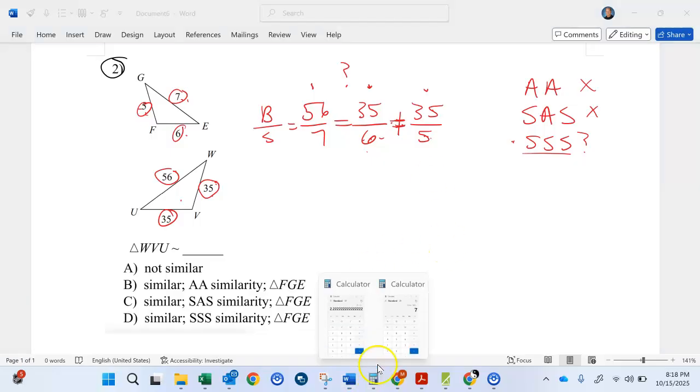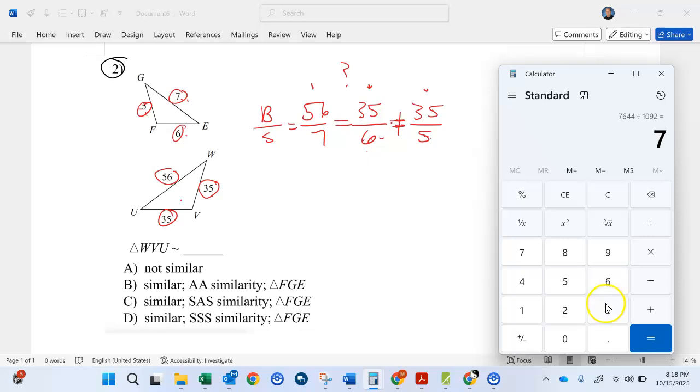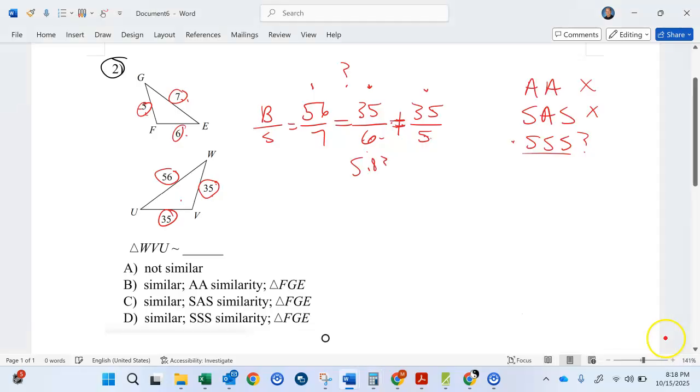Again, you can take your calculator if you want. You can go 35 divided by 6 equals 5.83. I know that this is 8, by the way, so that's also not equal. And 35 divided by 5 is 7. So they're not equal. None of them are equal. So that means it is not similar, okay? So that's how number 2 works.